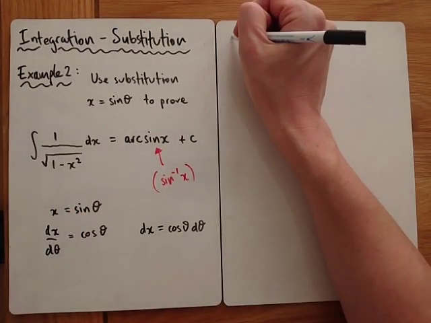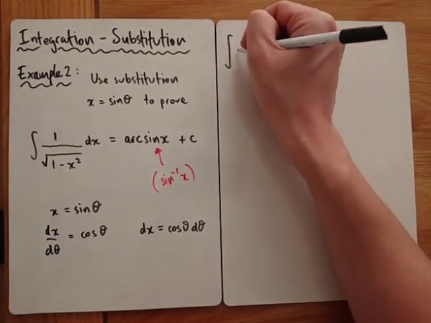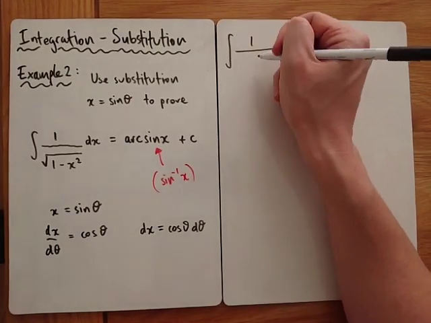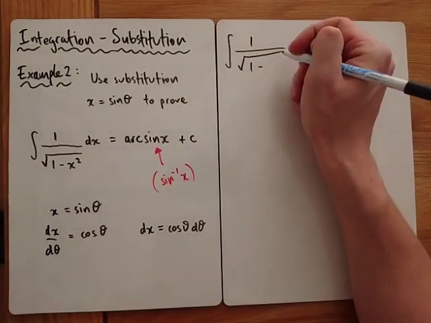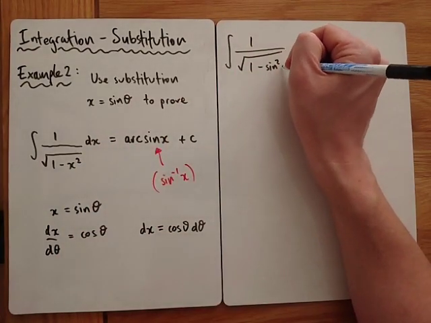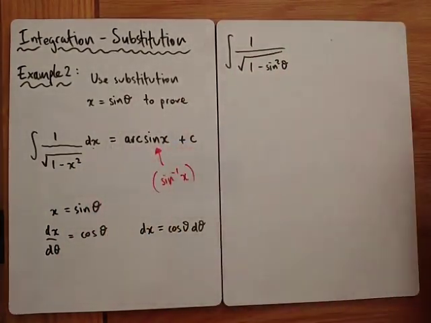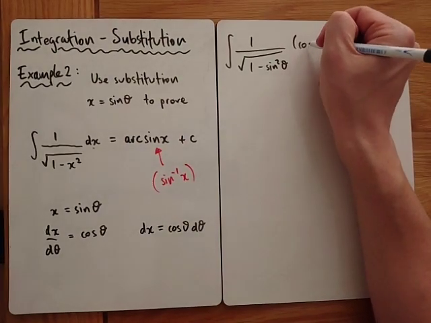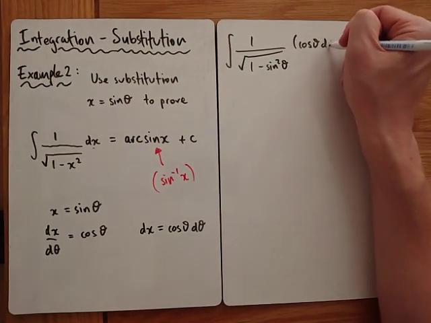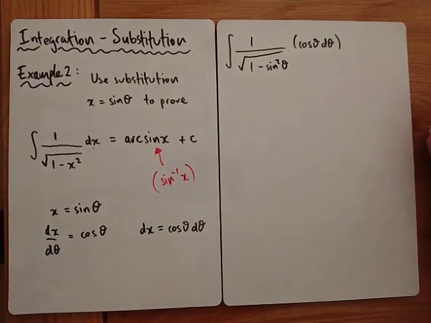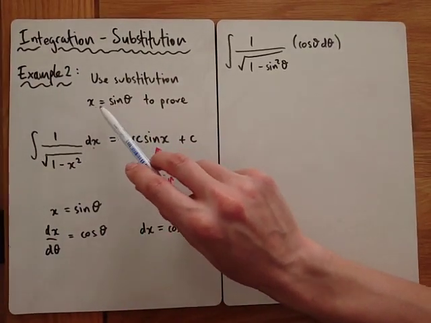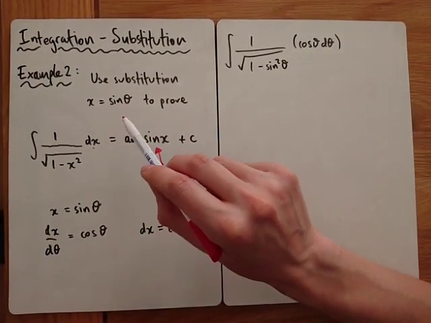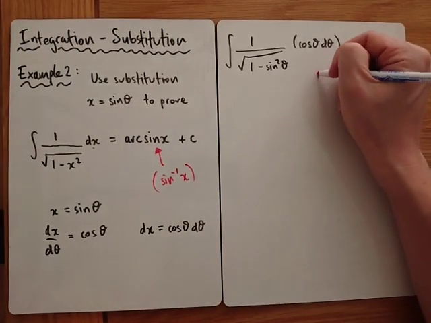So we've got the integral of 1 over the square root of 1 minus x squared, so 1 minus sine squared. And dx is cos theta d theta. When you do substitution for trigonometry, and it's an x equals in terms of theta, you also want to bear in mind that we are going to be using identities on this question.